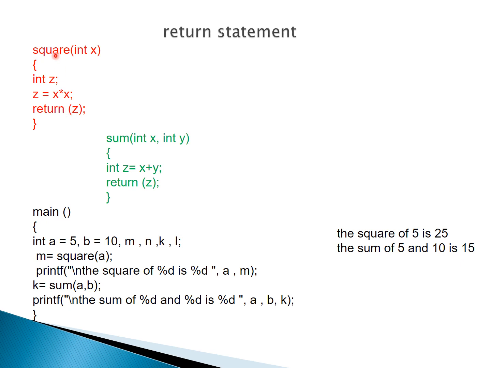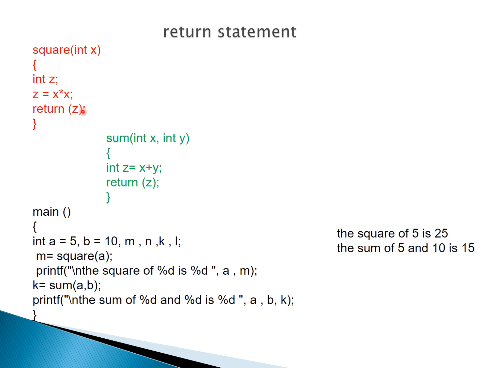For example, if this square is called from main, then this z will be returned to main. If this square function is called from sum, then this z will be returned to the sum function. So it depends on which function or which part of the program this square function is called from.